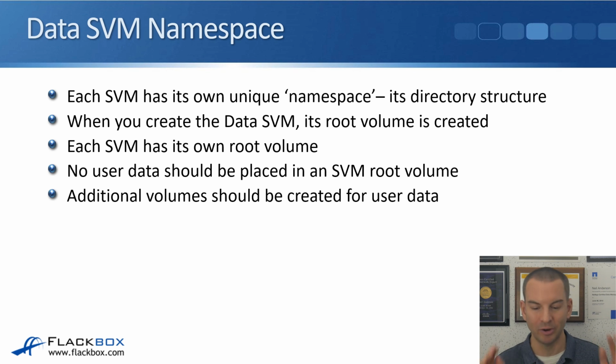We'll cover it in detail later. For now, just remember, don't put any user data into an SVM root volume. So if we're not going to put any data in the root volume, how is the SVM going to be usable? Well, we're going to create additional volumes for that user data.